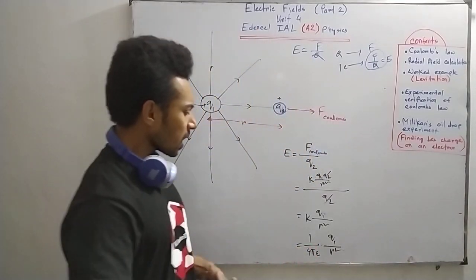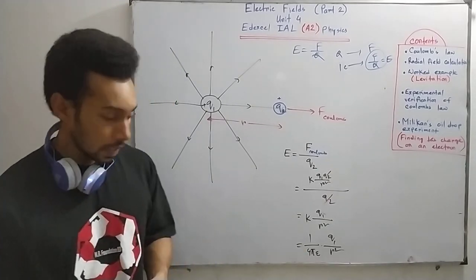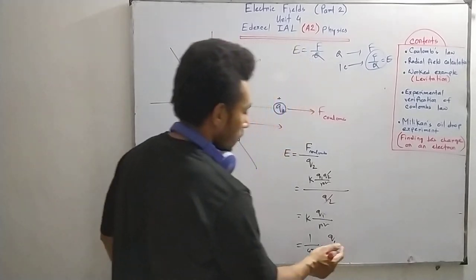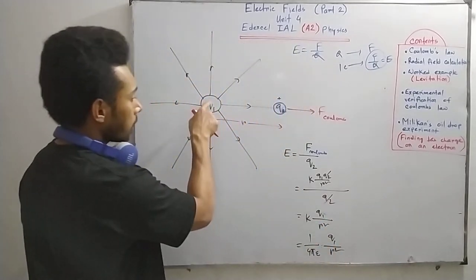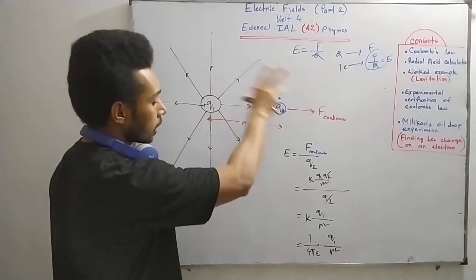And if you want to write a general equation for the electric field strength of a radial field, look at the equation. Q1 is the charge of the object for which the field is produced.